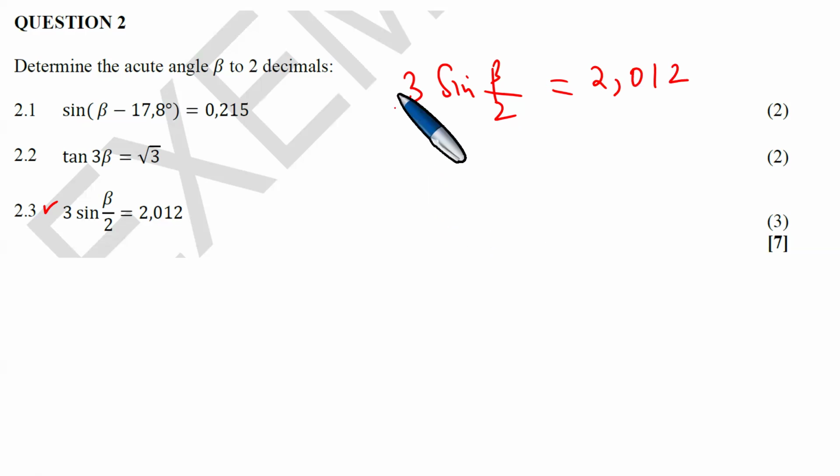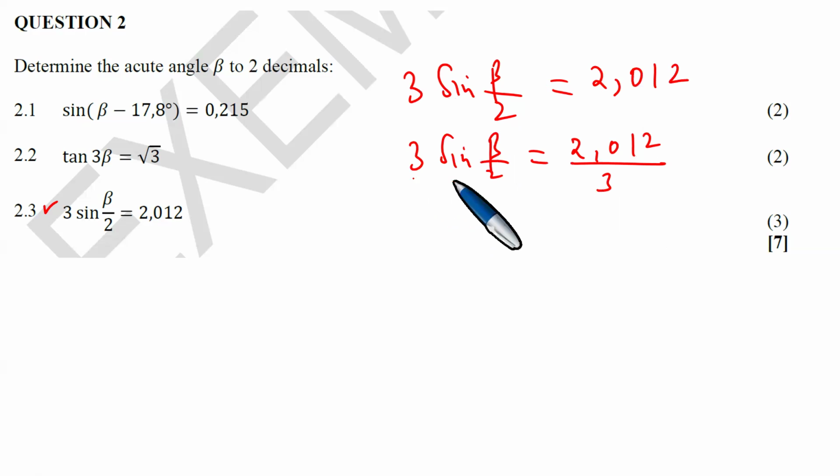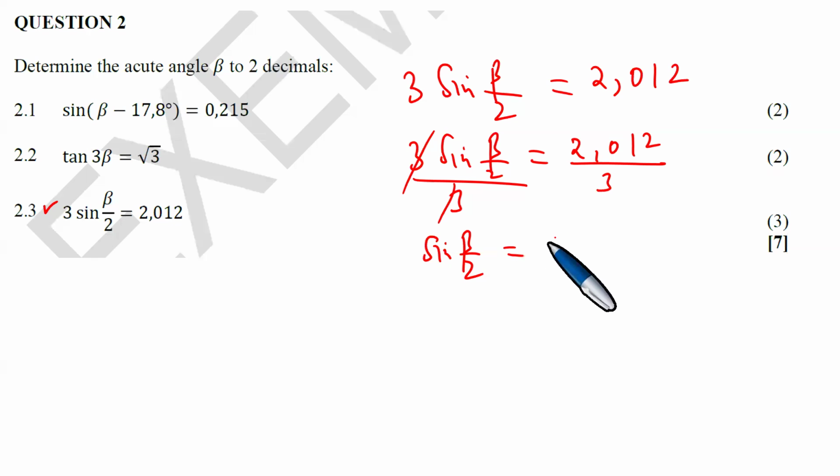Right, first things first, because of the 3 in front here, we must divide by 3, and whatever we do on the left must be done on the right side of the equation. We divide by 3 both sides, 3 cancels, and we have the sine of beta out of 2, and this equals whatever we get when we divide the right-hand side by that.